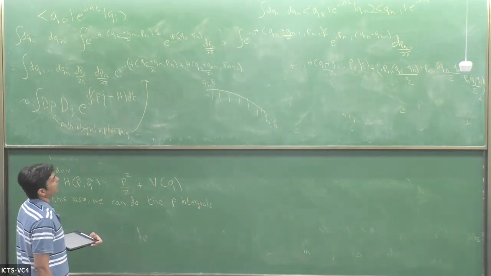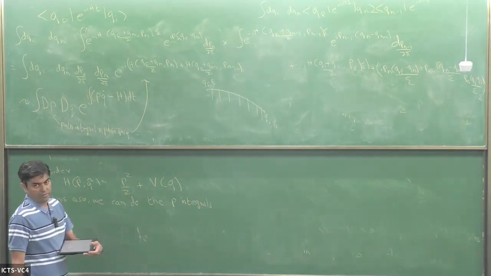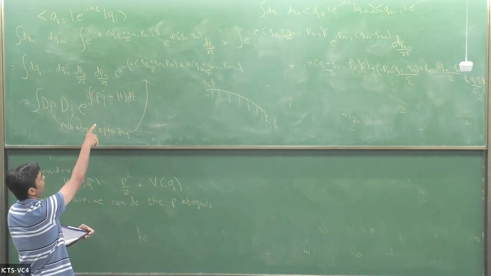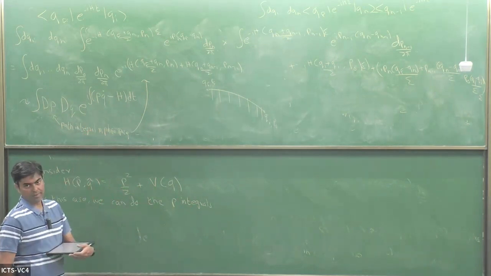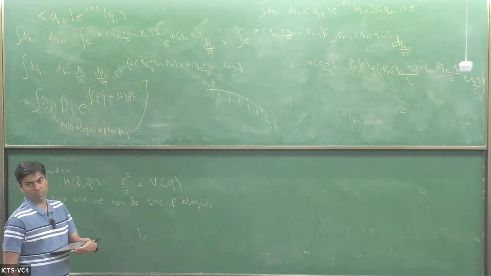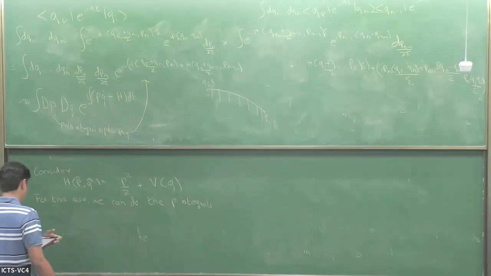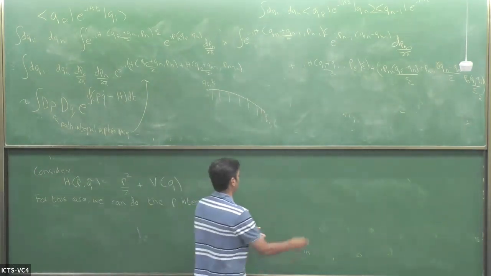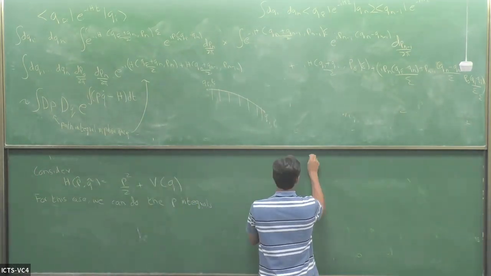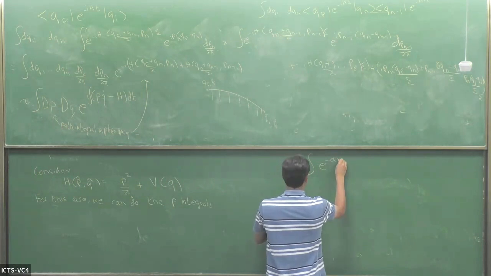Well, the integrals over p are all basically Gaussian integrals. Why? Because you have one factor of p squared which comes from the H, and then you have a factor of p that comes from the q dot term. So what is the basic formula for the Gaussian integral? The basic formula is this one, which is the most important formula in path integrals. You should remember this.